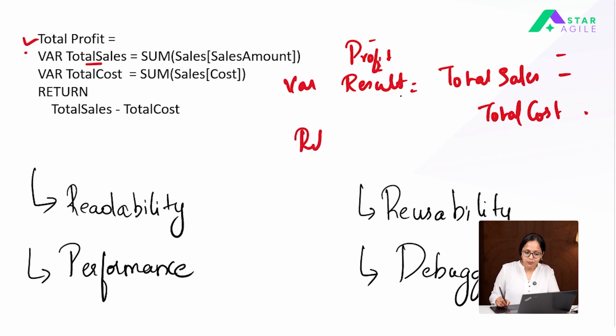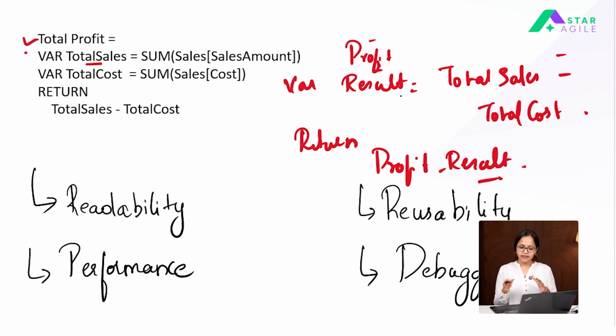And you can simply return the profit underscore result variable itself. Reason being, in this particular measure, you're just using it like 2 times. You may have other scenarios where you're using this multiple times. So when you use it multiple times, each and every time writing a lengthy formula doesn't make sense, right?